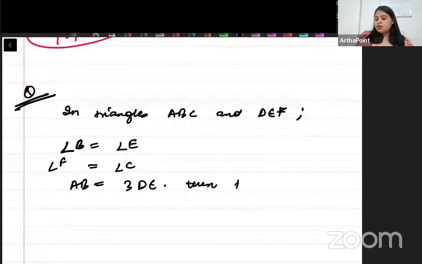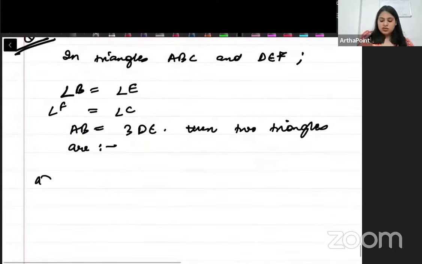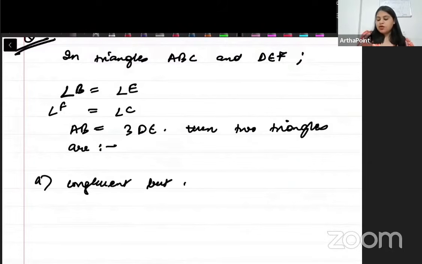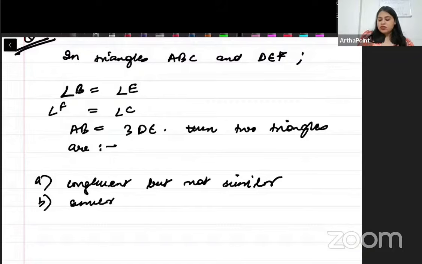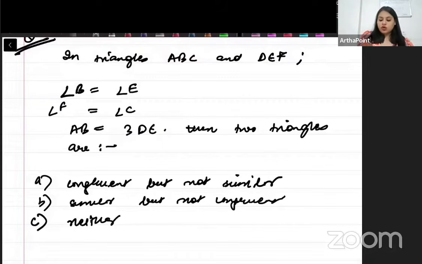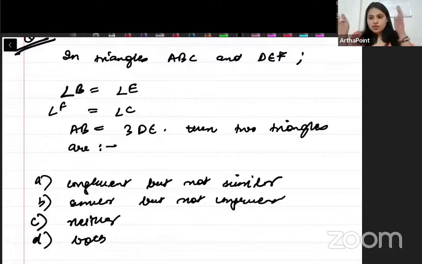Then the 2 triangles are: first, congruent but not similar. Second, similar but not congruent. Third, neither congruent nor similar. Fourth, both.